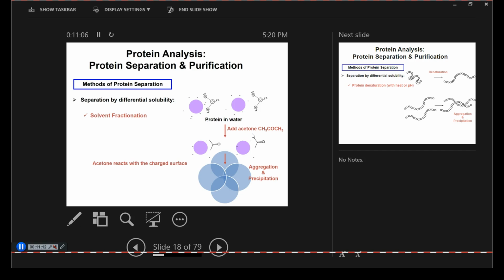The acetone basically replaces water by interacting with the charged surface. And because it's an organic solvent, the hydrophobic residues within the inside of the protein will be exposed to the acetone because they like hydrophobic solvent. So the protein opens up, exposes its hydrophobic components to the solvent, and since now we have hydrophobic components exposed from multiple proteins, they attract each other and aggregate and precipitate.